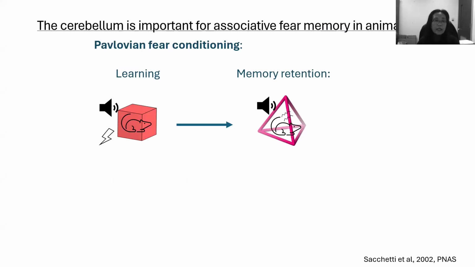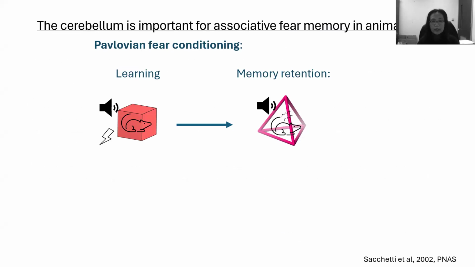So one of the animal models that has been used to study emotional learning and memory is Pavlovian fear conditioning. Here the animal is exposed to a tone, which is co-terminated by a brief foot shock, such that the animals start to learn that these two events are associated with each other.